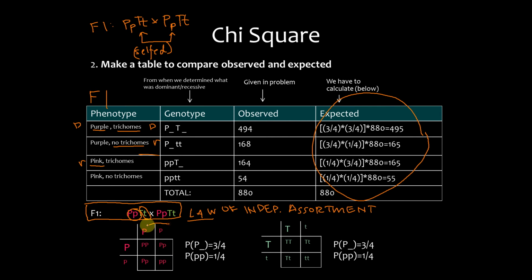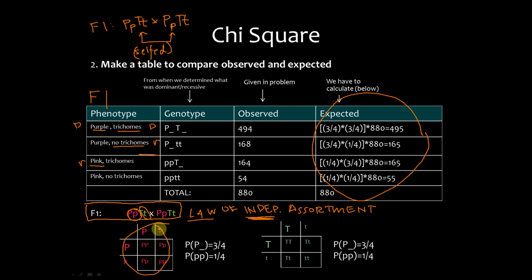That means that we can calculate the probabilities of particular outcomes with P and T completely separately. So we're going to do each of the P crosses separate from the T crosses, and then, because they are independent, remember the probability lecture, we can multiply. Independent means multiply.